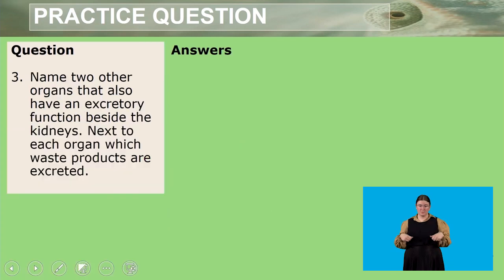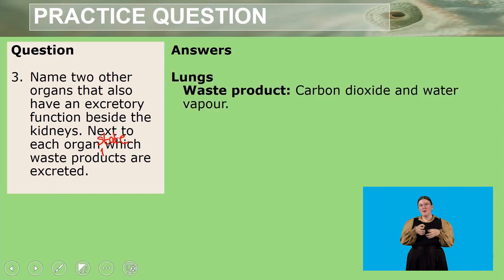Moving on to the next question, we have question 3. It says, name two other organs that have an excretory function besides the kidneys. Next to each organ, state which waste products are excreted.